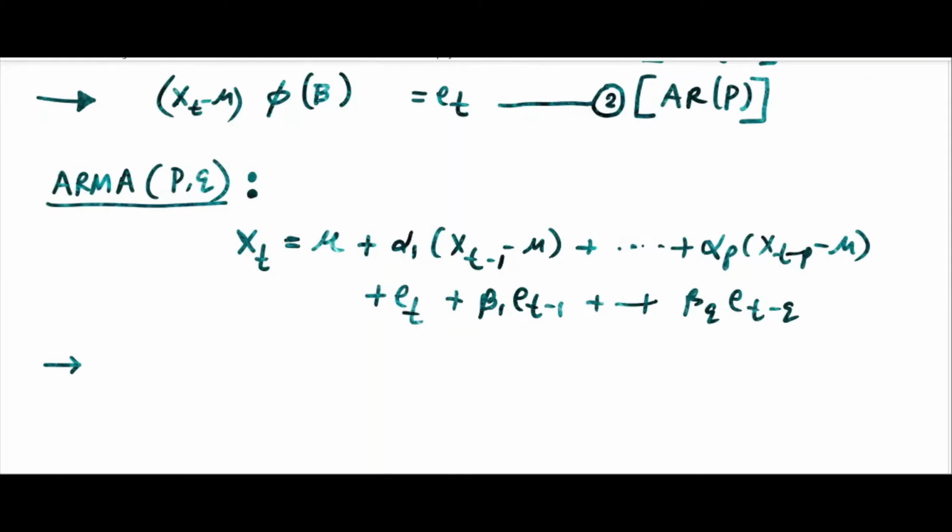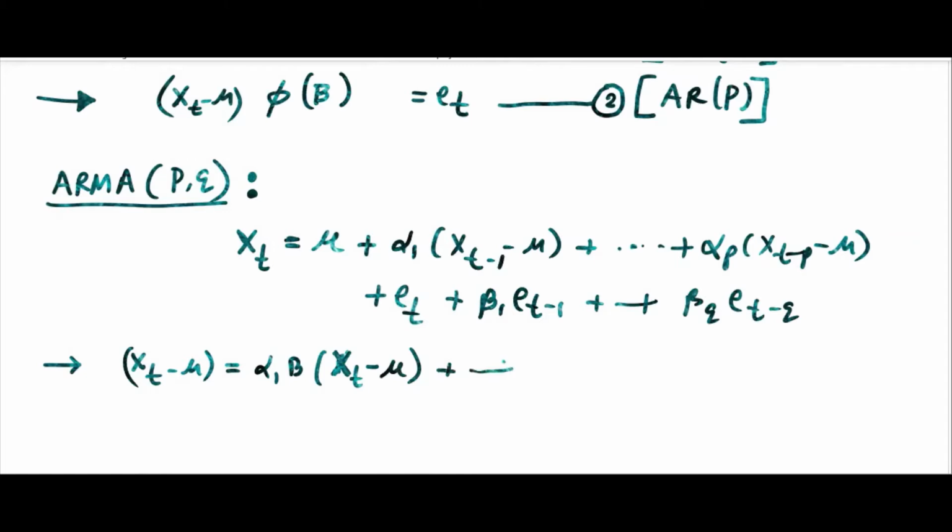Then you take mu that side, X_t minus mu, and then we'll write here alpha 1 B. You take B common; B is an operator, right? If you apply this operator to X_t, it will be X_{t-1}. Similarly, B mu will be equal to mu because it's a constant.